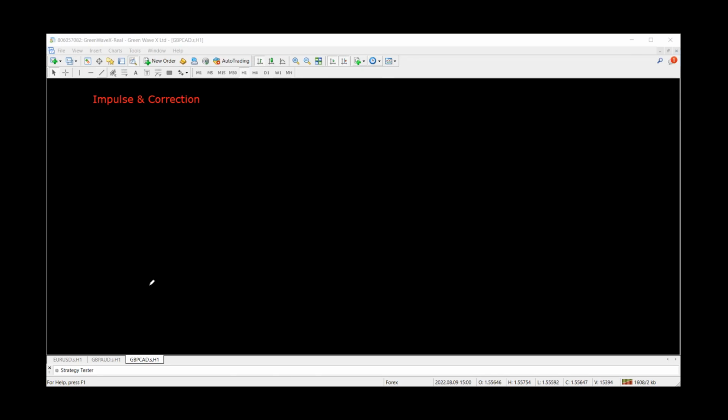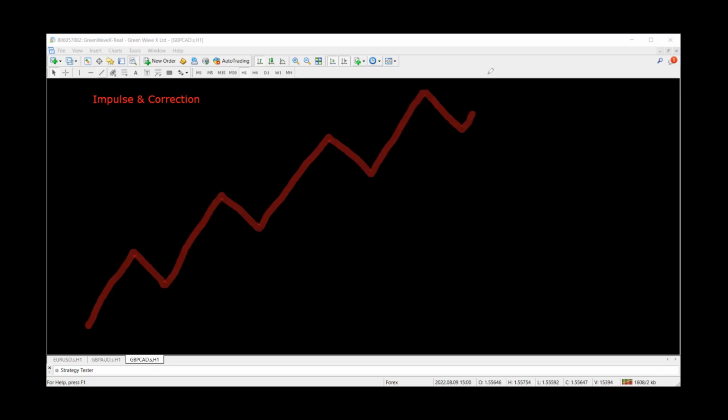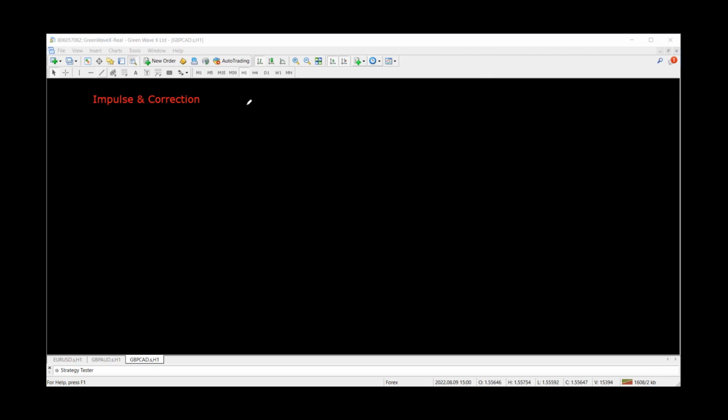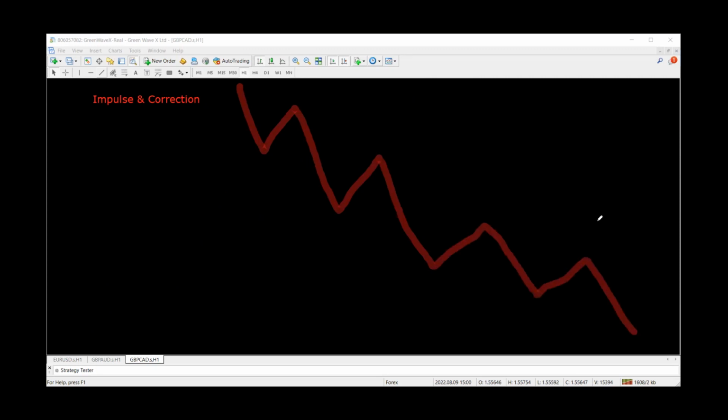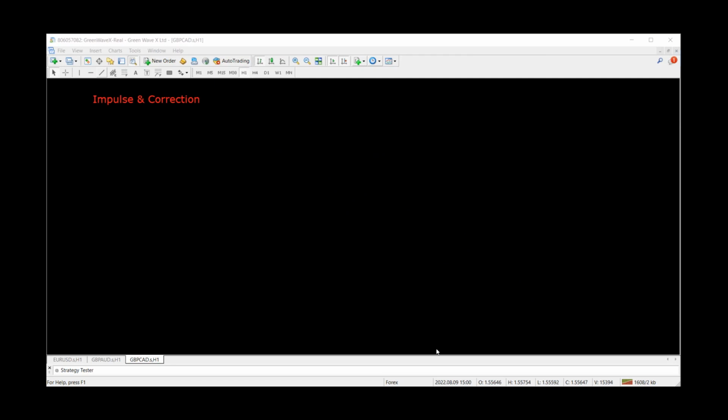But of course, they are definitely bigger most times. So you have impulse, correction, impulse, correction for a bullish trend, and impulse, correction, impulse, correction, impulse for a bearish trend.